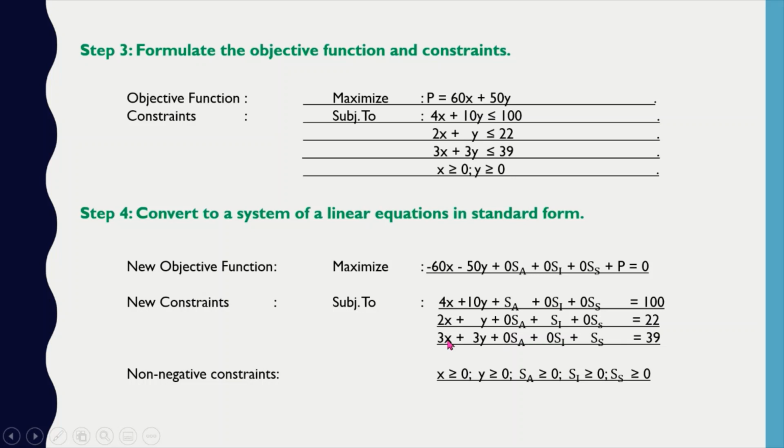The same thing will happen with our third equation. We have 3x plus 3y aligned with our x, y, as well as our assembly slack variable and inspection slack variable, which are 0. This is assigned for the storage space slack variable, so that is why our storage space variable here is 1.